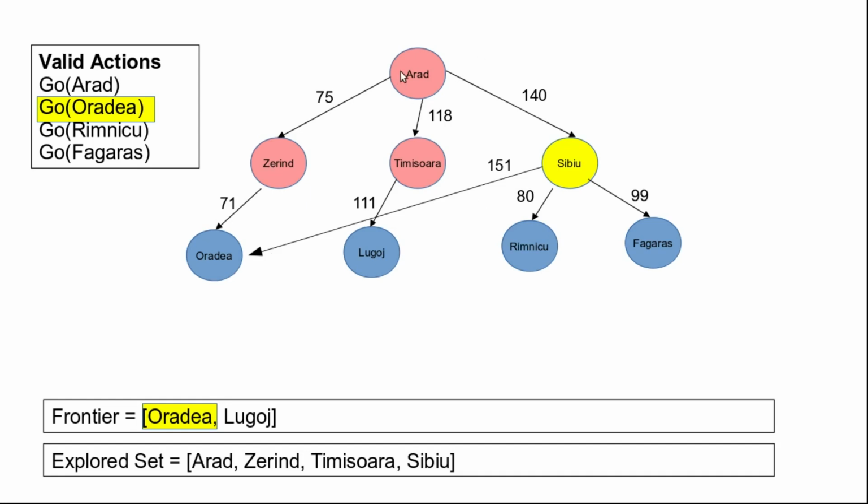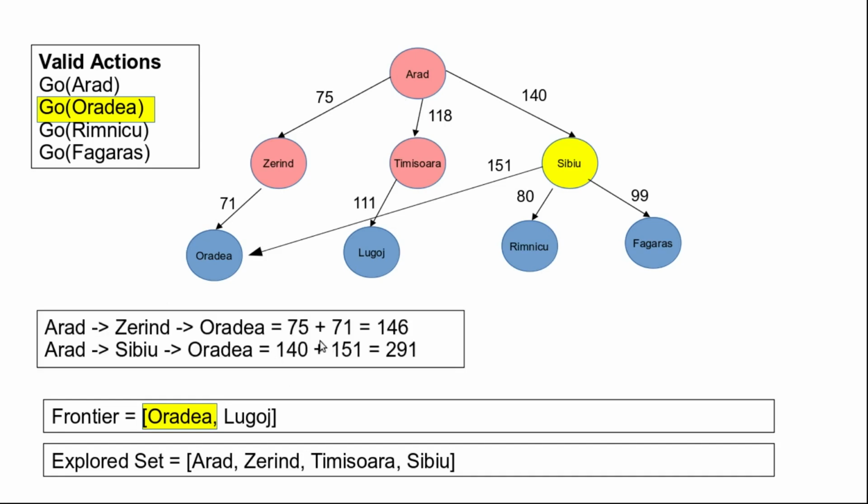Now we will compare the two path costs. For the first path, Arad to Zerind to Oradia, the path cost will be 75 plus 71, which is 146. Whereas for the second path, Arad to CBU and then CBU to Oradia, the path cost will be 140 plus 151, which is 291.